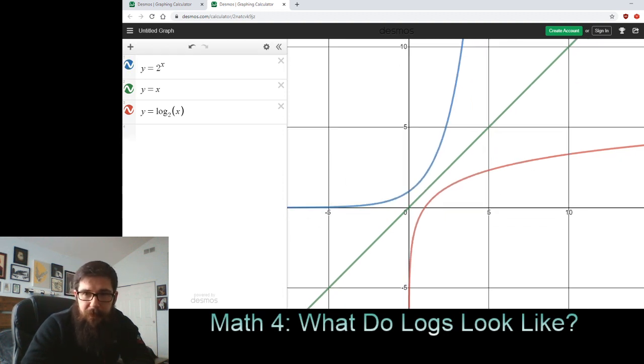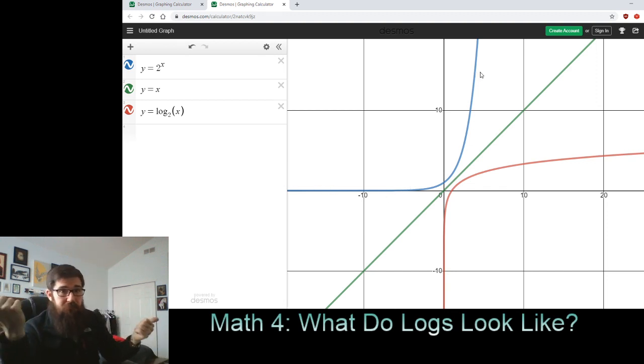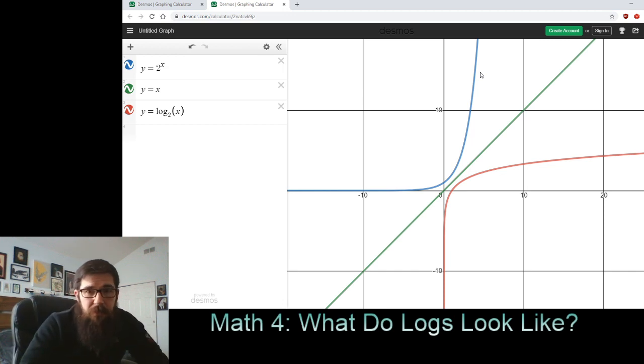The big piece I want you to take away here is the domain and range of these. The domain for 2 to the x, and really any exponential, is all of the x values I can put into my function. If I go all the way left on this graph or all the way right, do I get a y value? Yeah. The domain for 2 to the x is all real numbers.